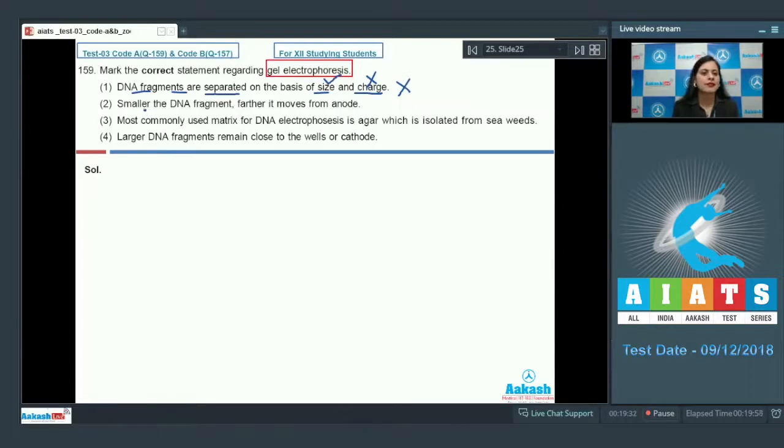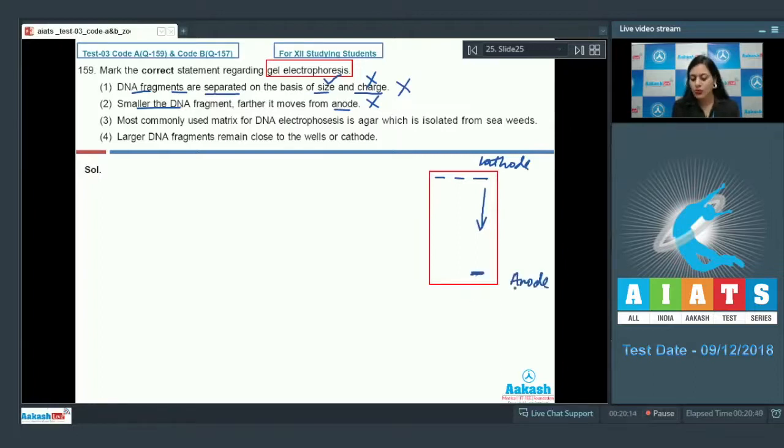The next statement is, smaller the DNA fragment, farther it moves from anode. And this is an incorrect statement because in gel electrophoresis, we load our DNA samples at the cathode, and this DNA being negatively charged will move towards the anode. And smaller the fragment, farther it will move towards the anode, whereas larger the fragment, it will be closer to the cathode. So this is an incorrect statement.